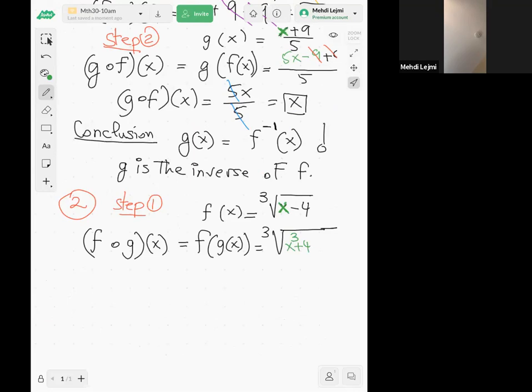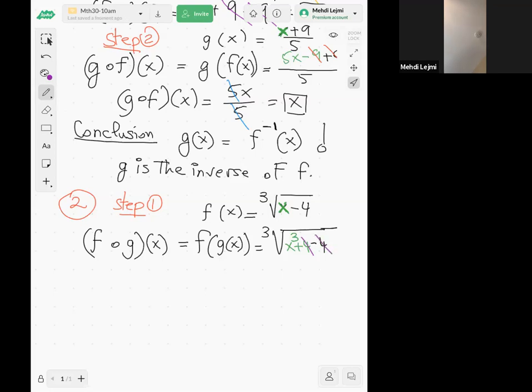And then I have this minus 4. So plus 4, minus 4, this is really important. Both the plus 4 and the minus 4 are under the root. That's why I can cancel out this plus 4 and minus 4, because both are under the root.